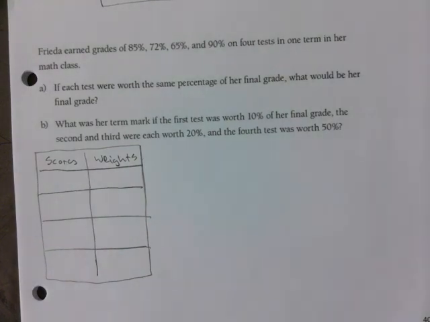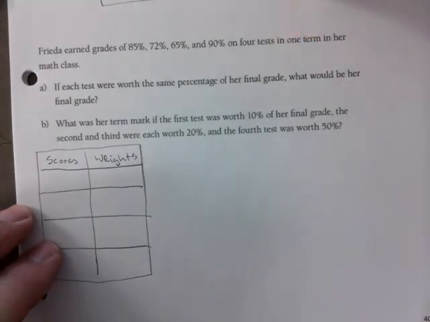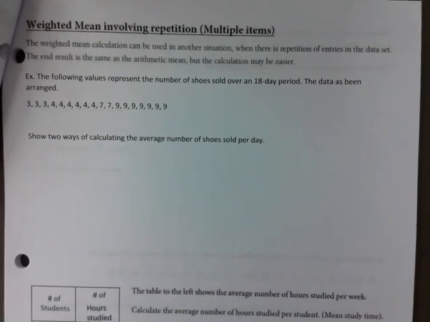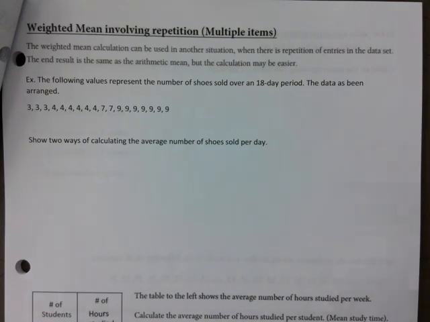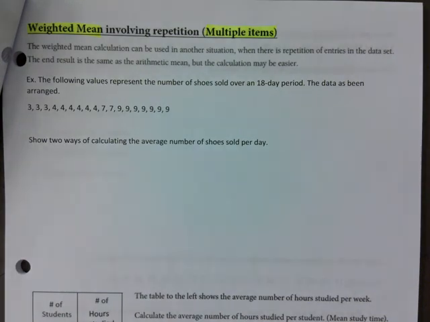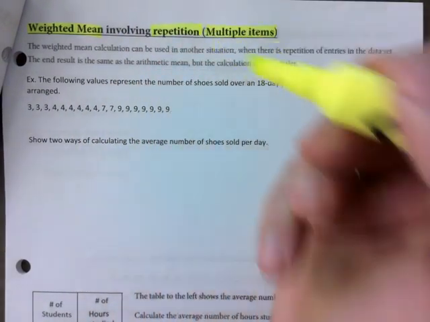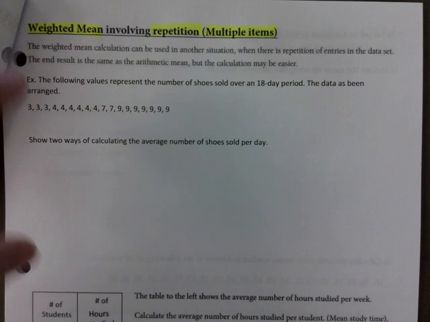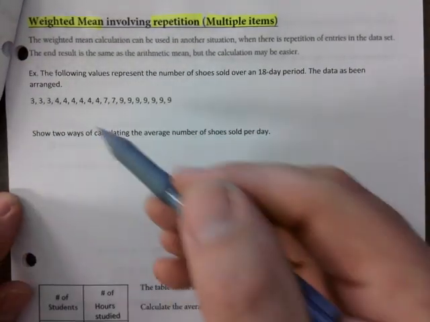Okay. So I want to make sure we have another example. So come with me. Let's go to page 44. We're still gonna apply MAD. It's just a little different. Weighted mean, multiple items. I would say repetition with repetition. I'm gonna leave this for Tuesday, this part right here.